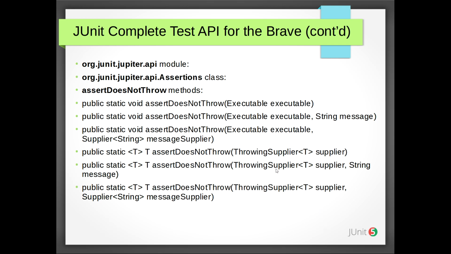You can also see that we got two classes that we haven't seen before completely, but that we delved into at some other lectures: executable, a functional interface, and throwing supplier. It's basically a functional interface that potentially supplies an exception.